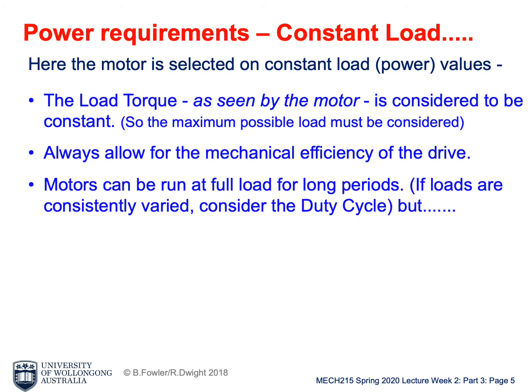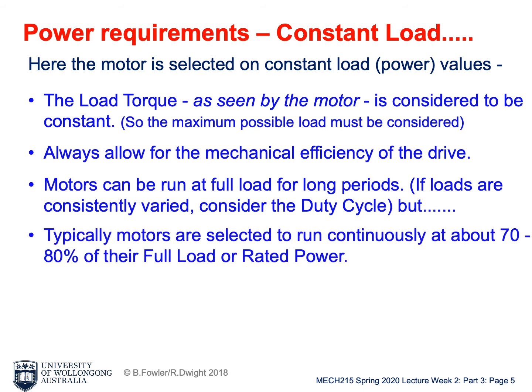When the load is actually not constant, then sometimes we have to consider the duty cycle. If, say, for 50% of the time we're running at 100% load, and another 50% of the time we're running at only 70% load, then we use the RMS value to do the average to get the average payload or the equivalent payload.